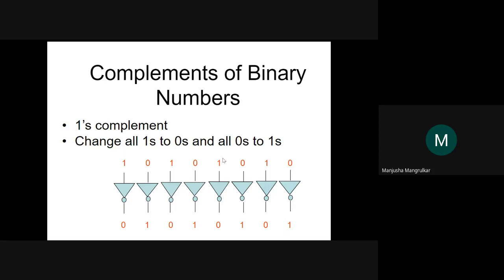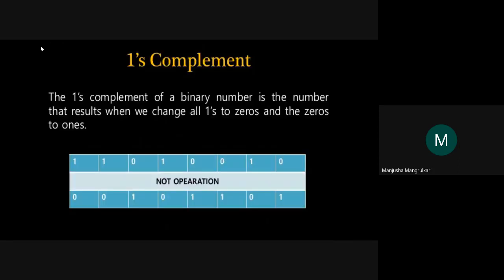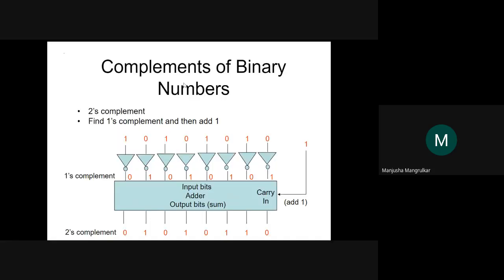That is one's complement. Now the next is two's complement. In the two's complement, first do the one's complement and then add 1 at the LSB. This last bit is called the least significant bit, that is the LSB.